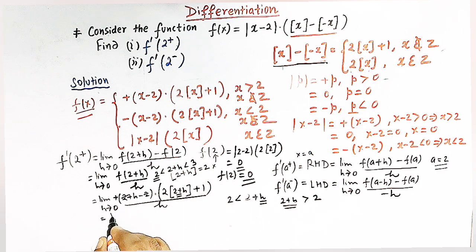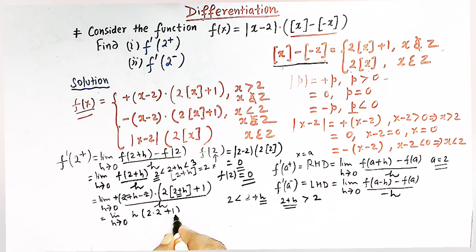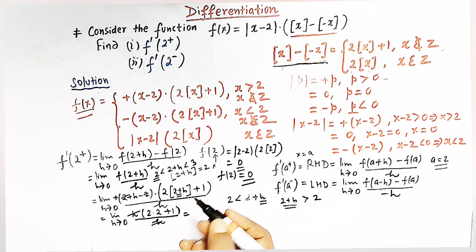So now we have limit h tends to 0, and here 2 and 2 get cancelled. So we have simply h, and here we have 2 times 2 plus 1, and here we have h. Now this h and this h get cancelled, and now this term is a pure number and it is independent of h.